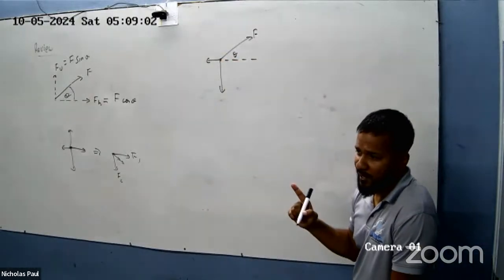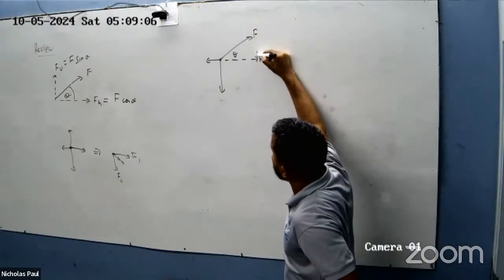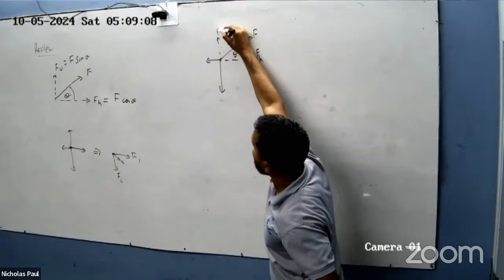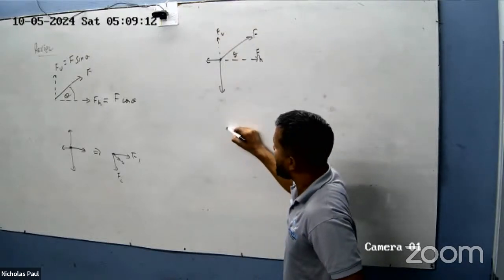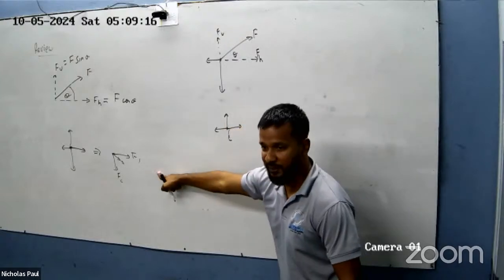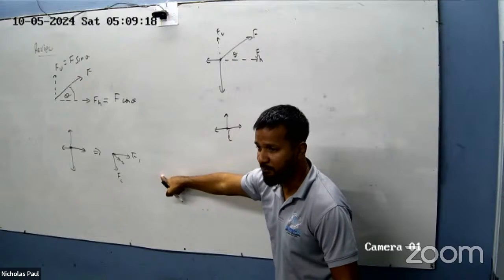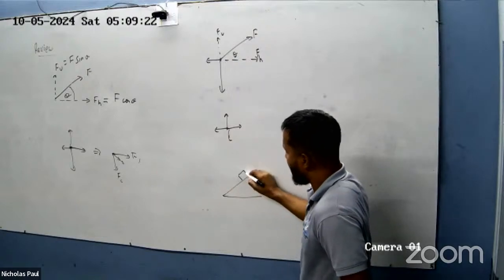What's the first step again? You have to resolve F horizontally, and you have to resolve F vertically. That's okay? So your diagram in the end will look like that, and you resolve it just like this. And I gave you one other scenario where you have an object here.